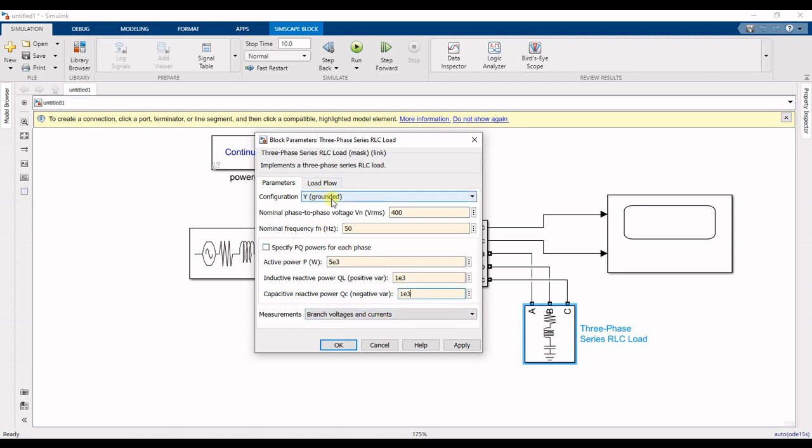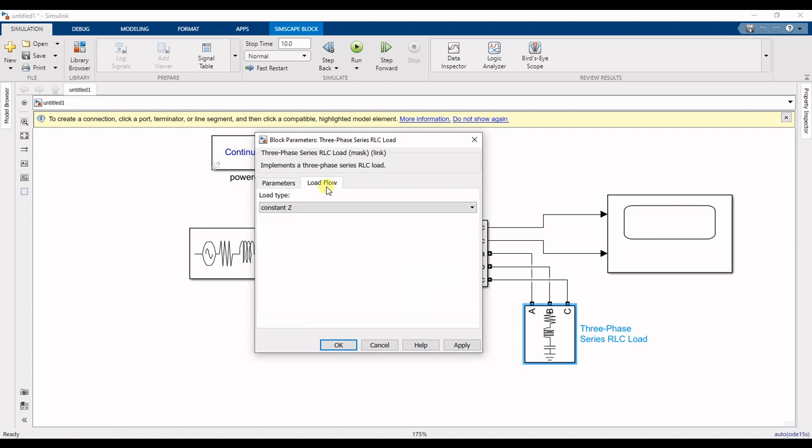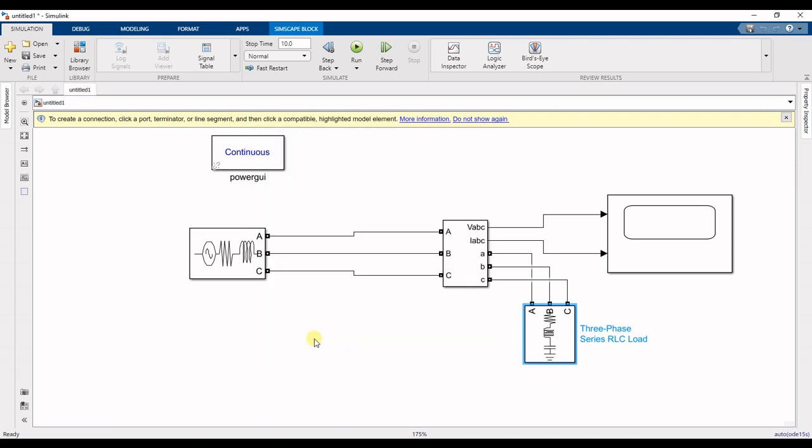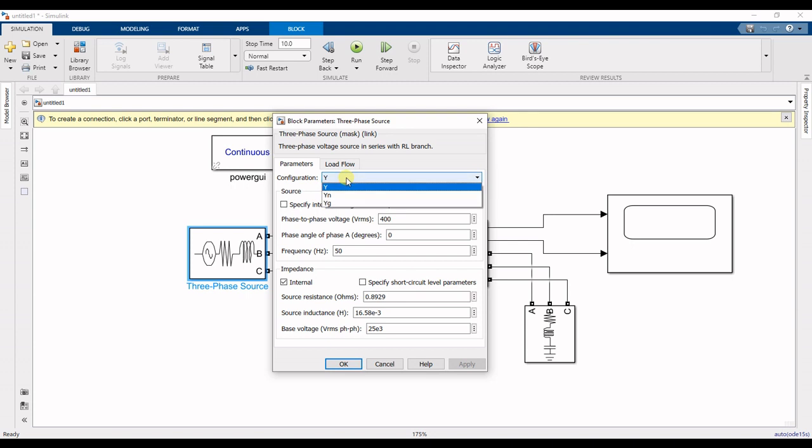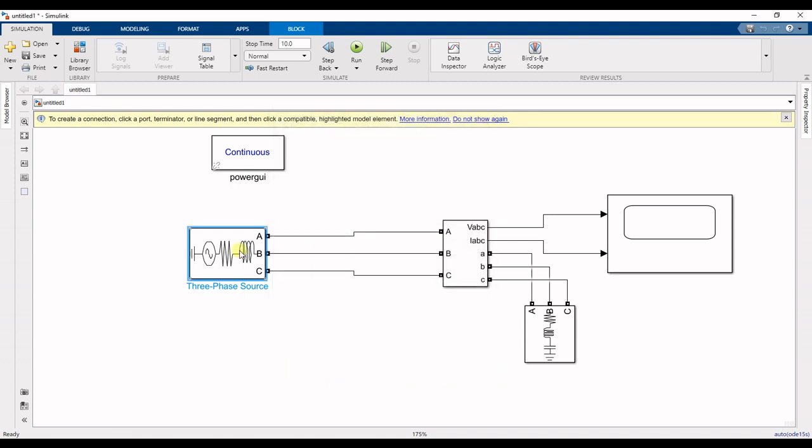The configuration is Y grounded, load flow constant Z. Now we will save it, and the configuration here should be Y and ground. The generator should be grounded to avoid any harmonics in the system.